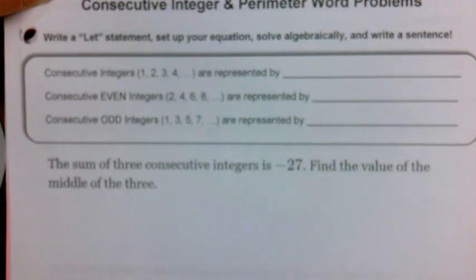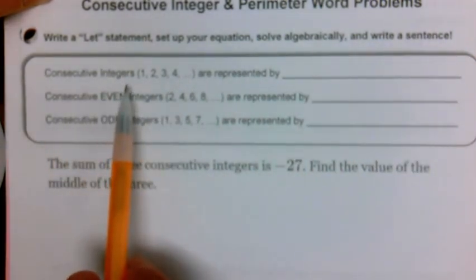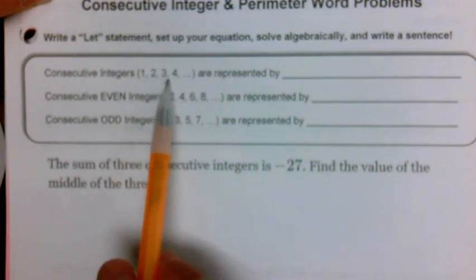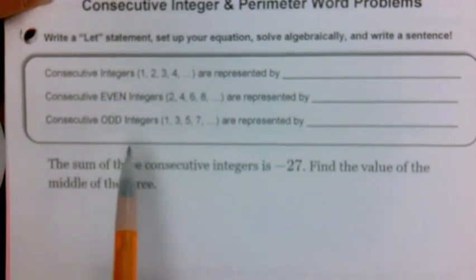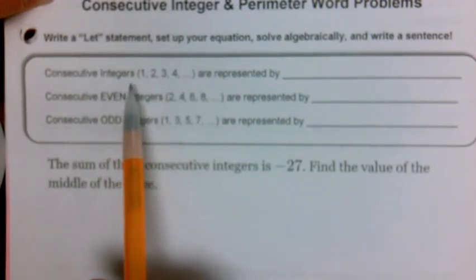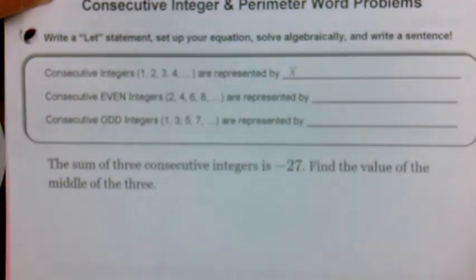Okay, so at the beginning, we're just going to work with consecutive integer questions. Looking here in the box, consecutive integers are integers that are in a sequence: 1, 2, 3, 4, etc. They increase by 1 every time. If we're representing our integers algebraically, our first integer is always going to be x because we don't know what the value of the integer is going to be.